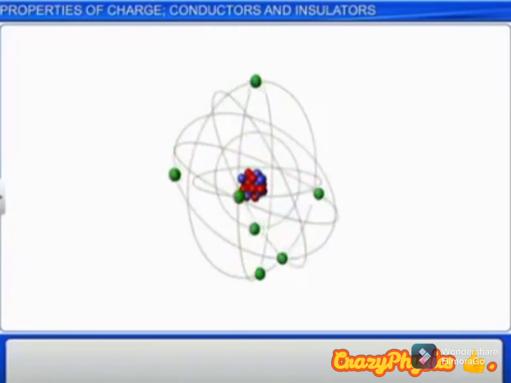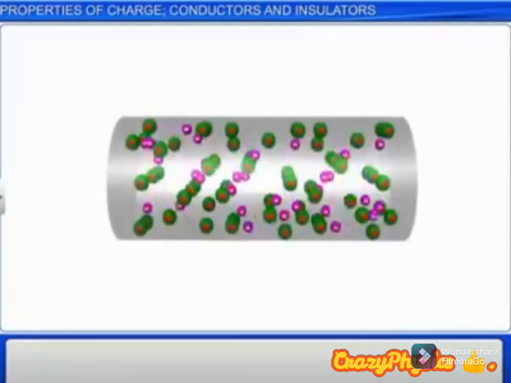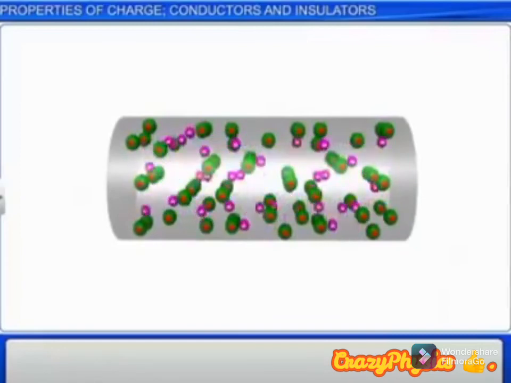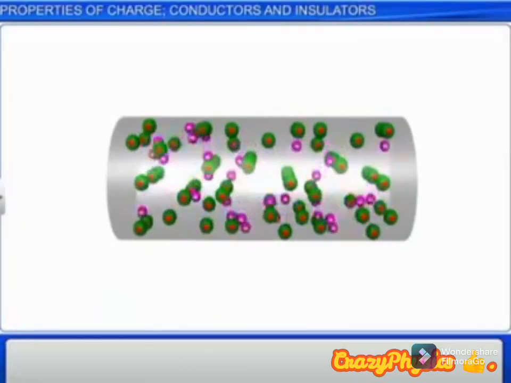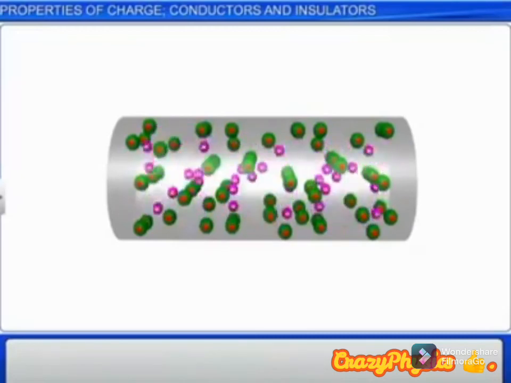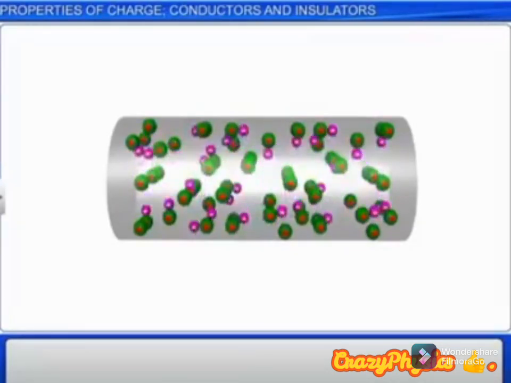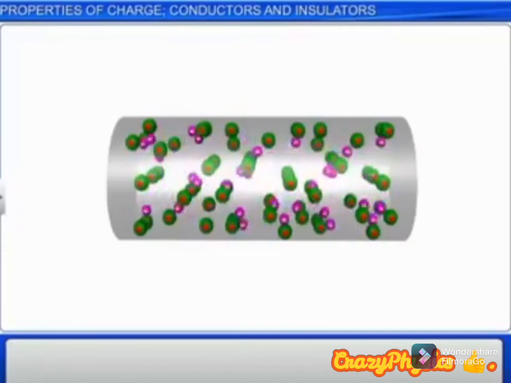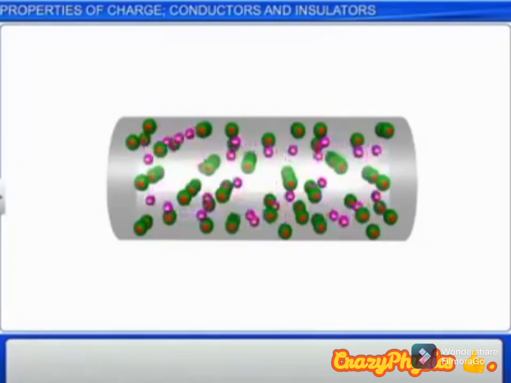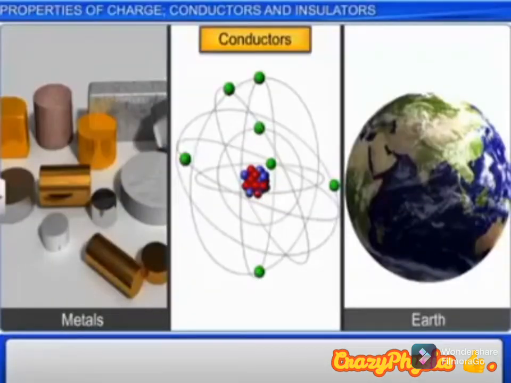For some materials, generally metals, the electrons in the outermost orbit are loosely bound to the nucleus, and these electrons are called free electrons. These electrons are relatively free to move around the material. Such materials with a large number of free electrons are called conductors, and as such, these materials readily allow the flow of electric current through them and cause very little resistance to the flow of electricity.